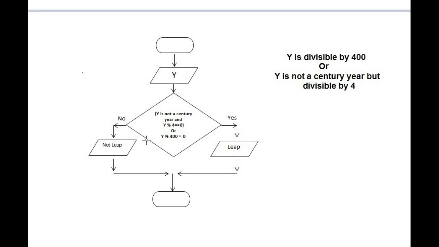Now what is a compound condition? Compound conditions are those where multiple conditional statements are joined together using logical operators. Now what are logical operators? These are the operators that tell us how multiple conditional statements are going to interwork.